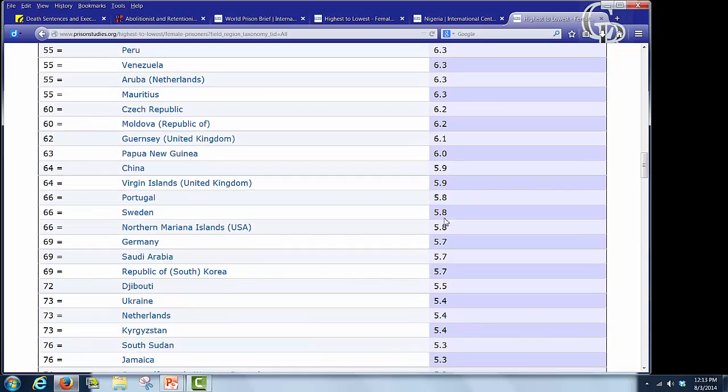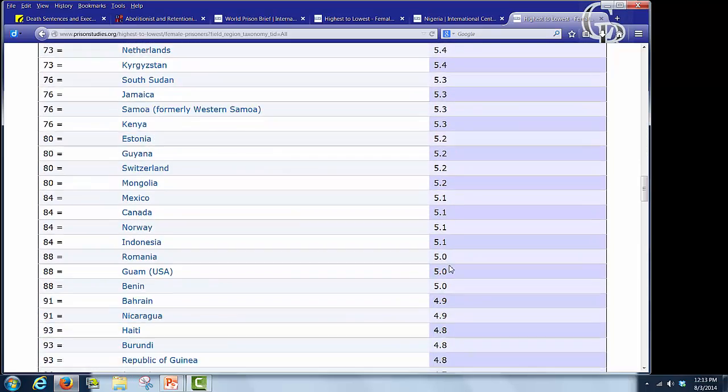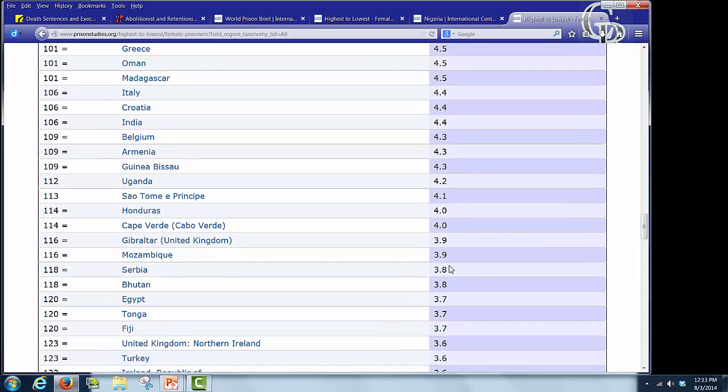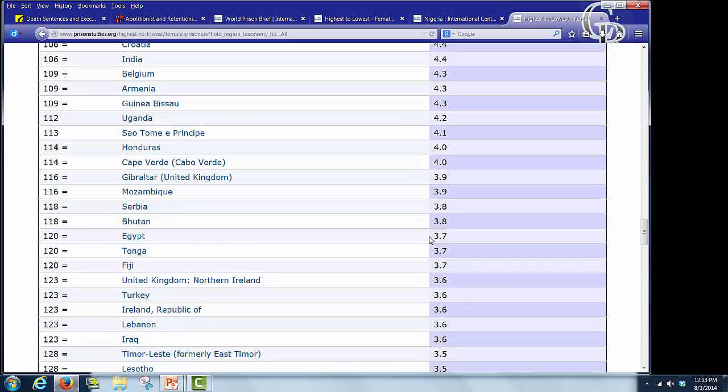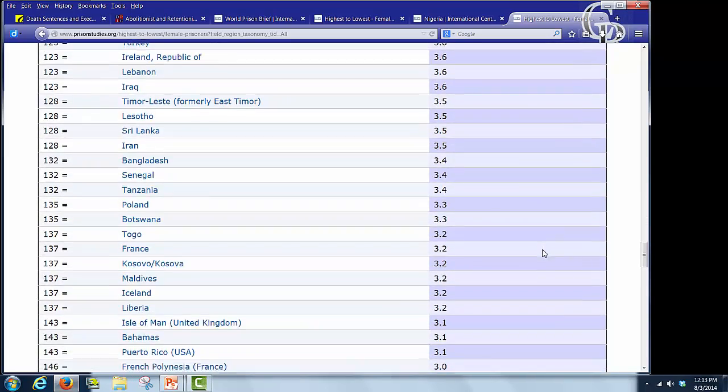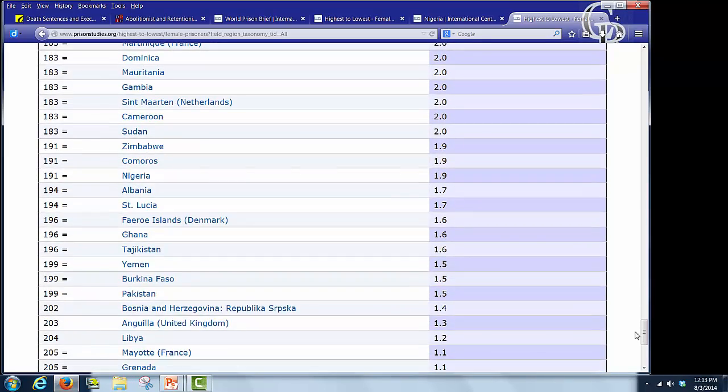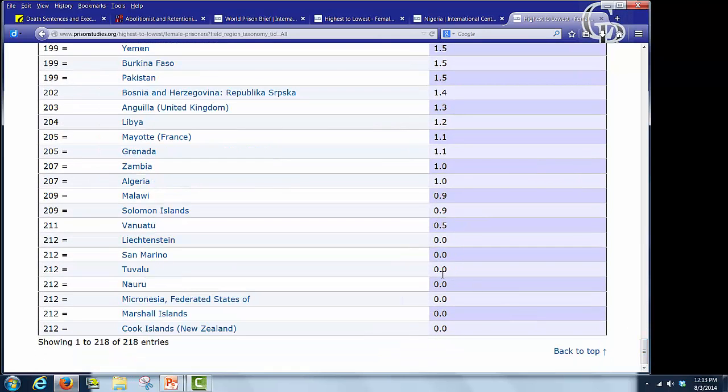We get down to Sweden, where around 6% of the population is female, and jumping down to Egypt with maybe 4%. And it goes down to some countries where there aren't any, or at least not enough to even count as 0.1% of those where a count is possible. Zambia, Grenada, Libya, around 1%.